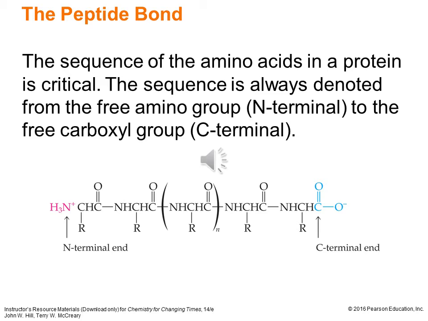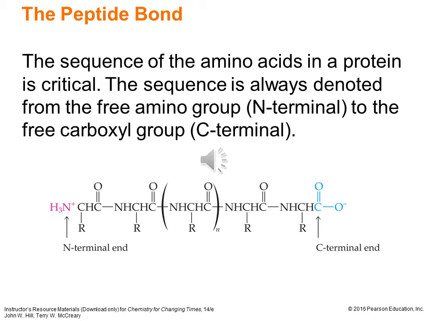Even in that aspartame example that I gave, it makes a big difference whether the aspartic acid residue has the free nitrogen terminus and the phenylalanine has the free carboxyl terminus, or the other way around. If we switch the order, then you don't get the sweetness, you don't get the same substance.